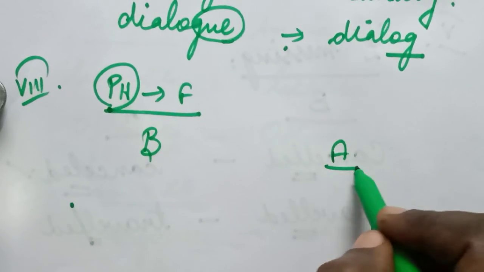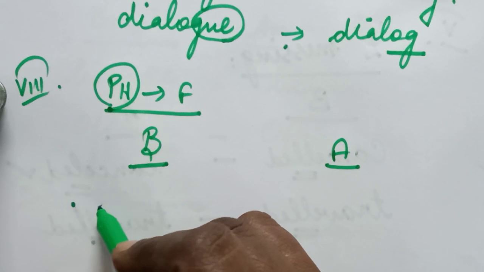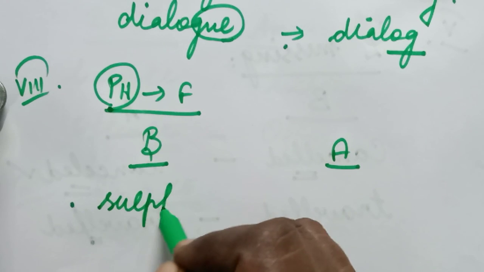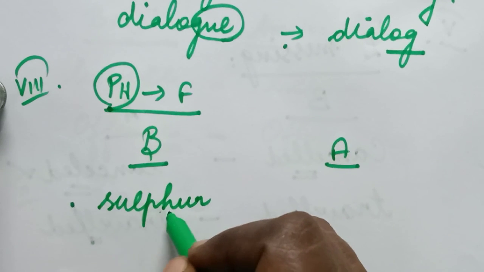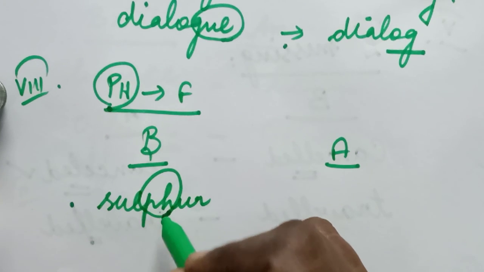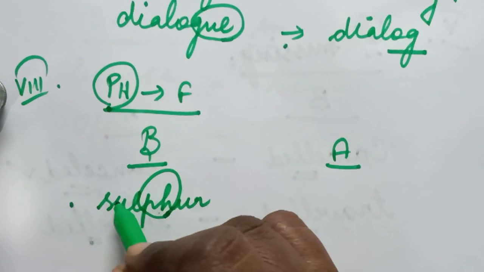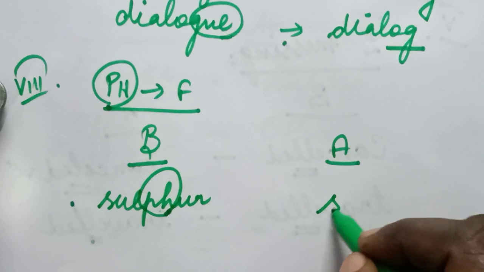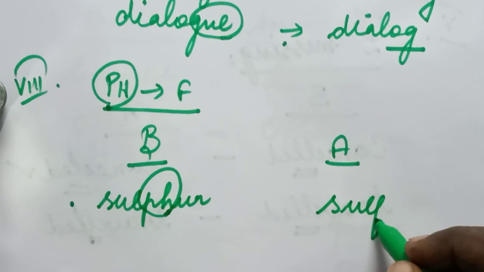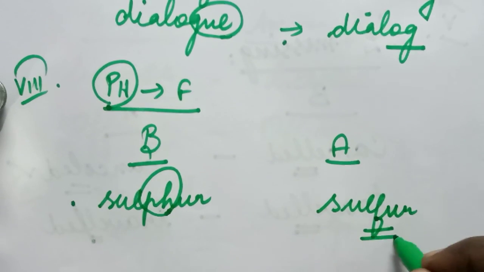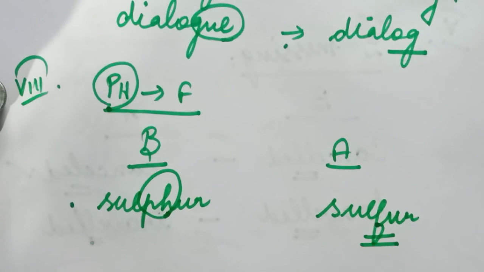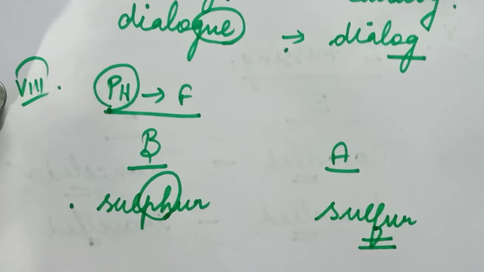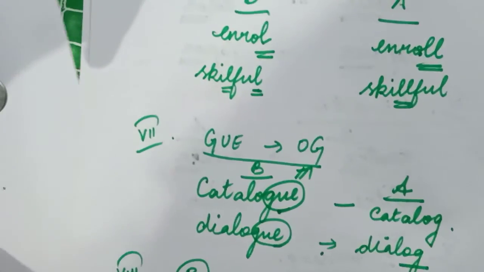For example, here sulphur. Okay, so this PH takes the sound F, sulphur. But in American English we can write it as sulfur. Understood? So this PH is replaced by F.